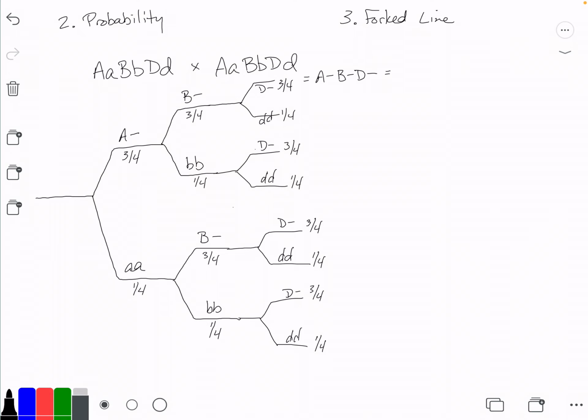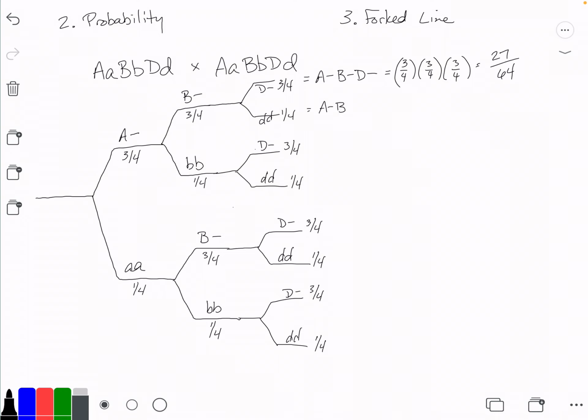My probability of going this way is 3 out of 4 for A, 3 out of 4 for B, and 3 out of 4 for D. That's the fraction I had on each one of those forks. So 3 times 3 is 9, times 3 again is 27. 4 times 4 times 4, 64, right? I promised you there'd be 64 boxes. So I have a 27 out of 64 chance of getting an offspring here that's going to have all 3 dominant phenotypes.